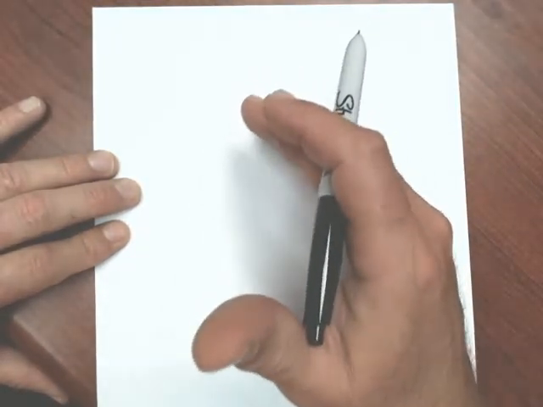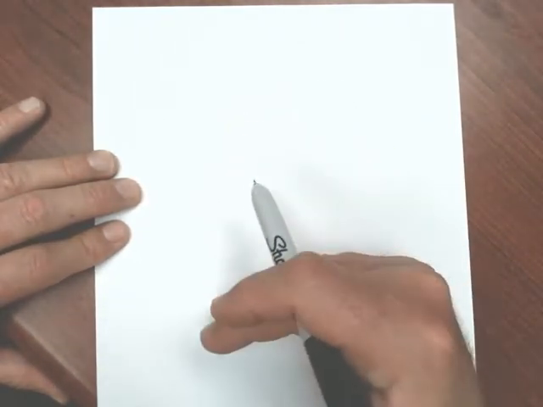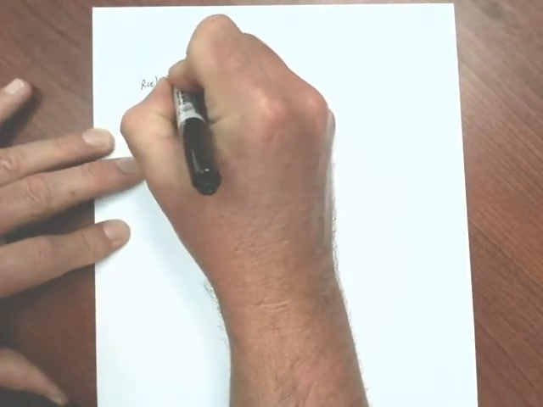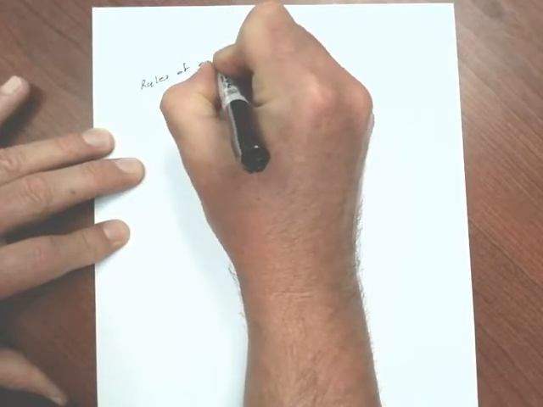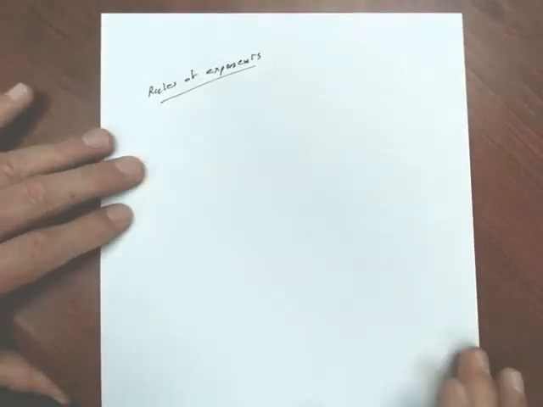I'm going to write these rules down, and I want you to also write them down and familiarize yourself with them. So these are the rules of exponents. What are the rules of exponents?